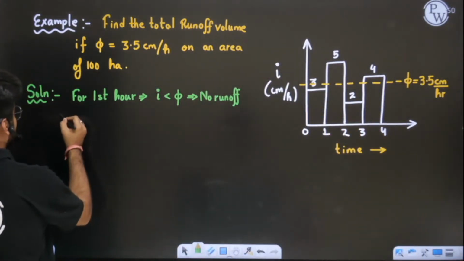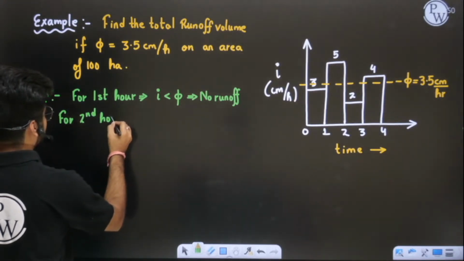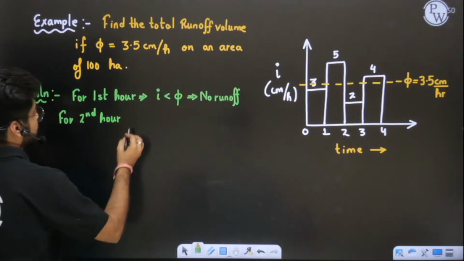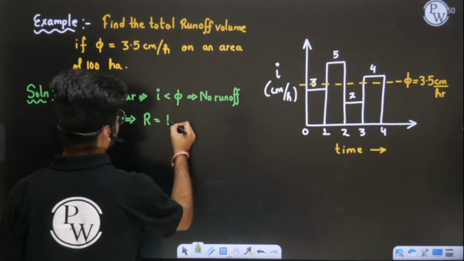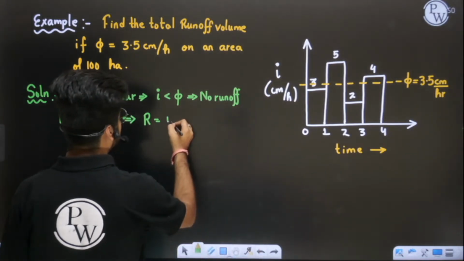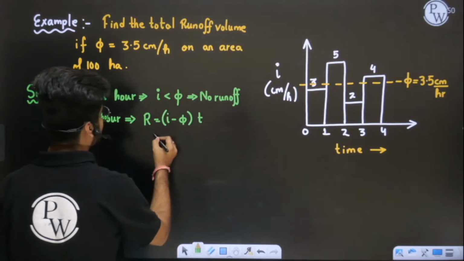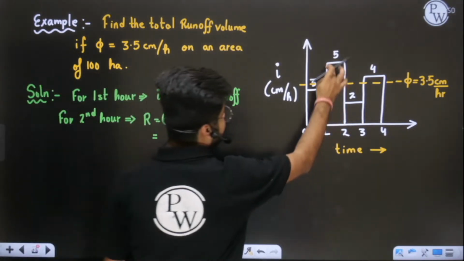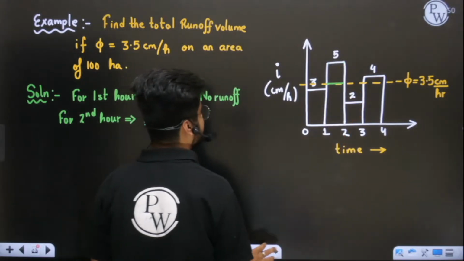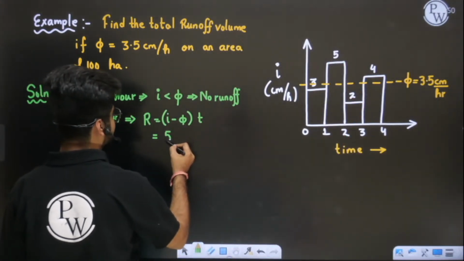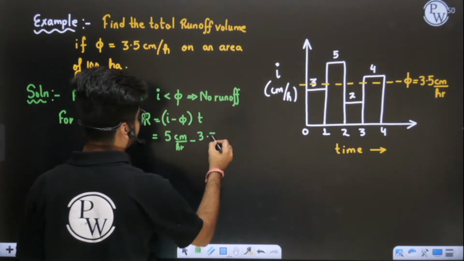Now tell me for the second hour, what will be the runoff? For the second hour, runoff will be rainfall intensity minus phi, into T. The rainfall intensity for the second hour is 5 centimeter per hour, and phi is 3.5 centimeter per hour.